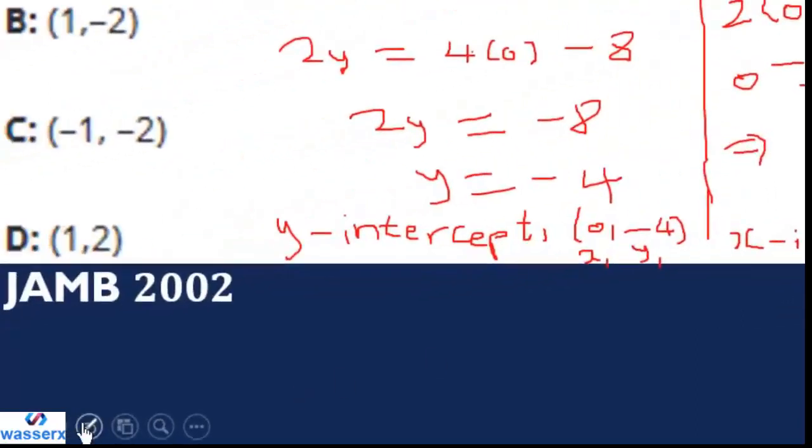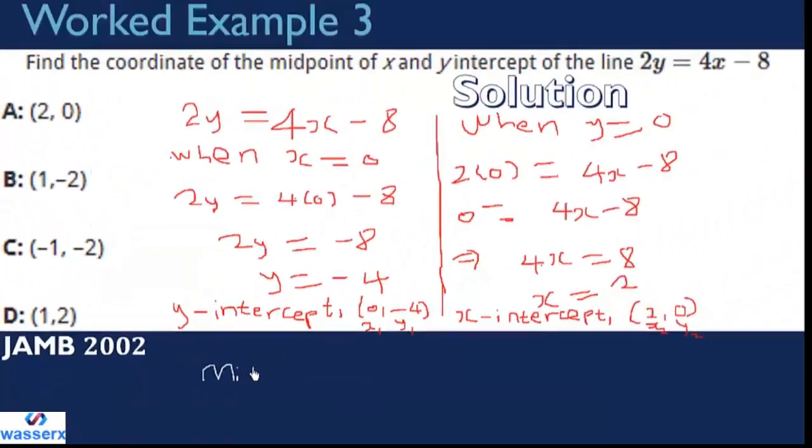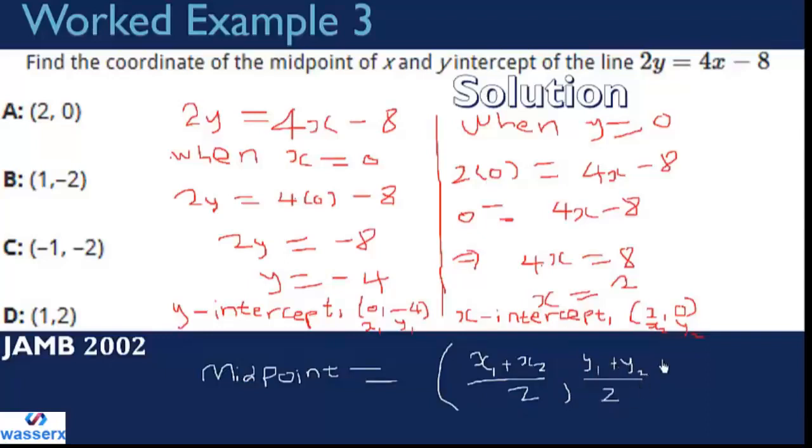So we know two points now, x1, y1 and x2, y2. We can use them to determine the gradient. We can now find the midpoint. The midpoint is given by x1 plus x2 all over 2, then y1 plus y2 all over 2. That will give us the midpoint of that straight line.